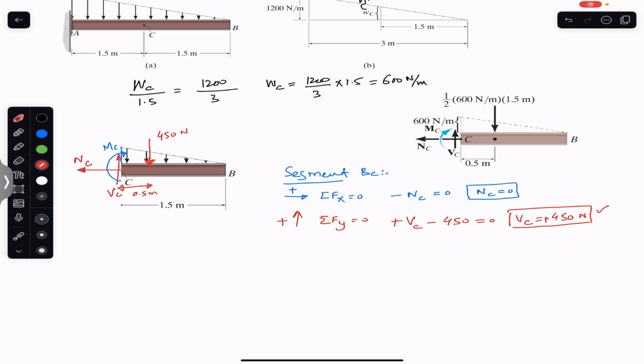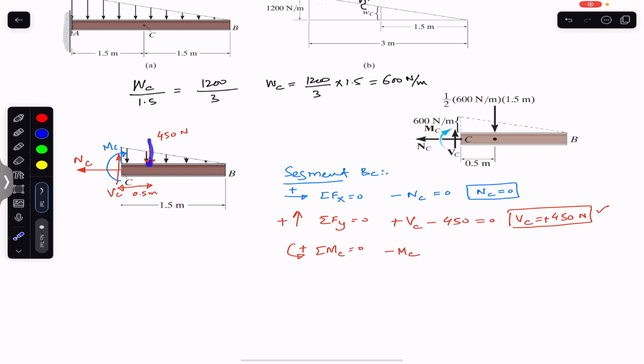Similarly, we consider the summation of moments about point C equals 0, and the counterclockwise moment is considered positive. As VC passes through point C, it does not produce a moment about point C. MC is a free vector, and we assume it in the clockwise direction, so we write minus MC.